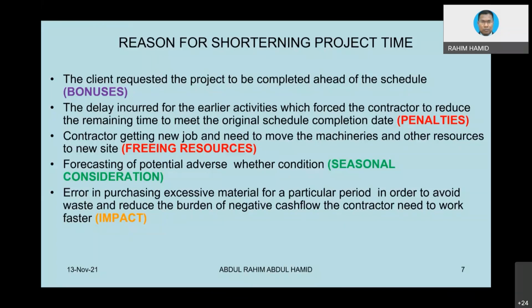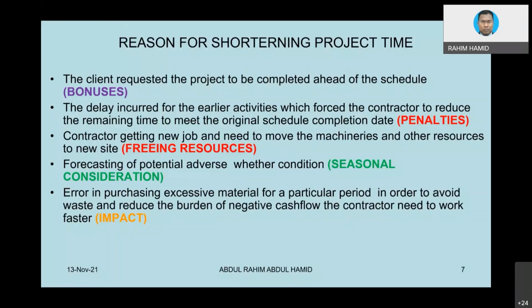If for instance you do not get an extension of time, the only way that you can catch up with the original project completion is by crashing the later activity. That is the only way. Otherwise you are not going to make it, because maybe the way you designed your activity is really packed. So you need to compress the following activity, then only can you catch up with the original project completion date.